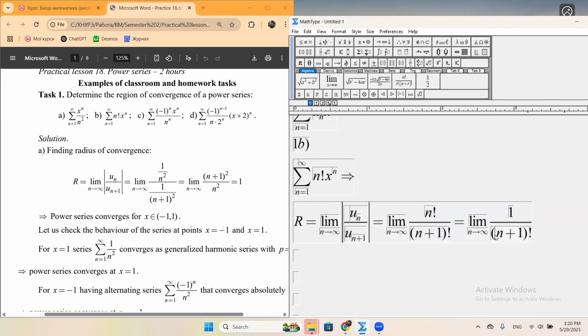So here will be 1, here will be n plus 1, and the limit equals 0. What does it mean? The radius of convergence equals 0. It means that this series converges only at the point x equals 0. So only one point.